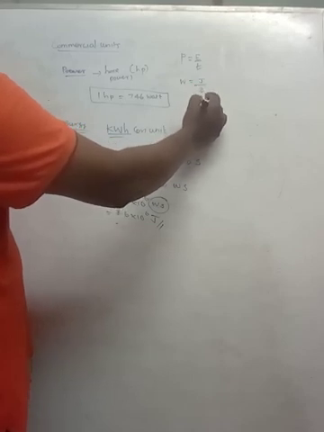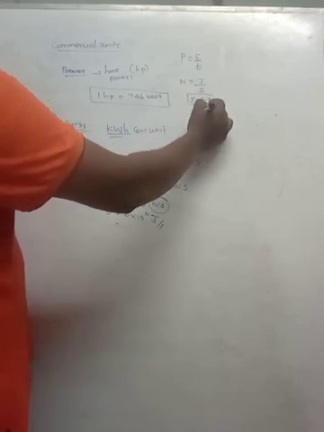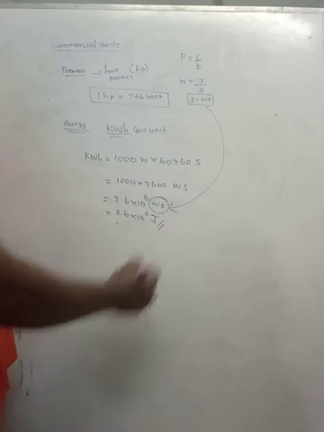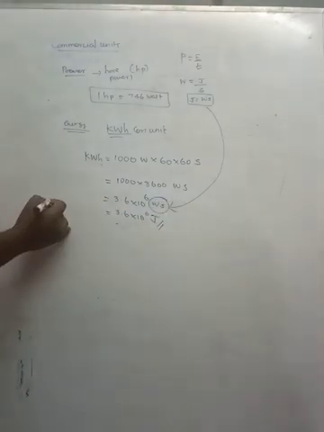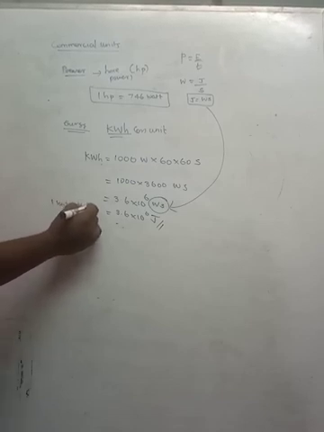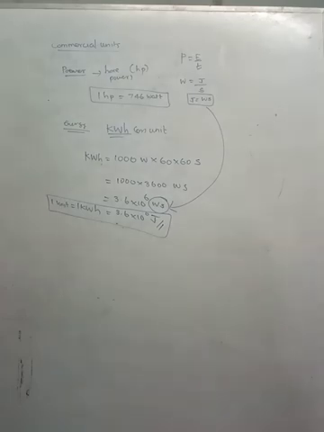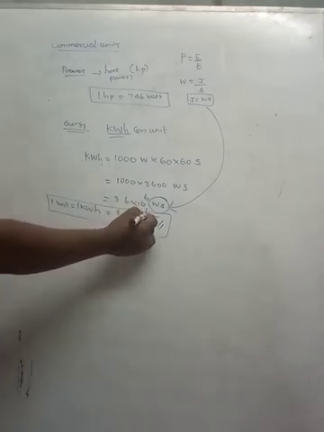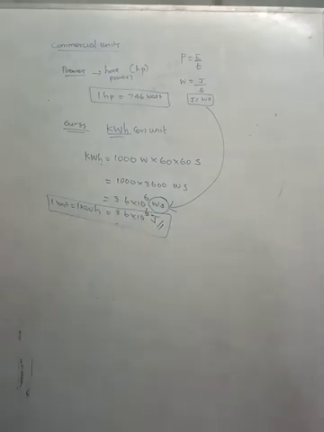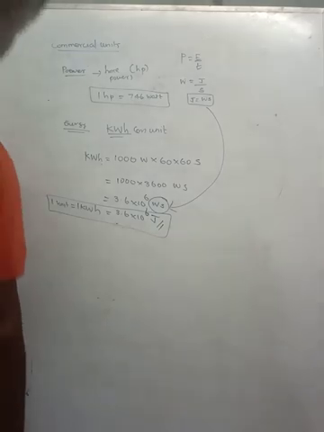That means joule can be written as watt second. So 1 unit, or 1 kWh, will be equal to 3.6 into 10 power 6 joule. So we can calculate the value of energy based on the given data. Understood now? So this is electrical energy and electrical power.